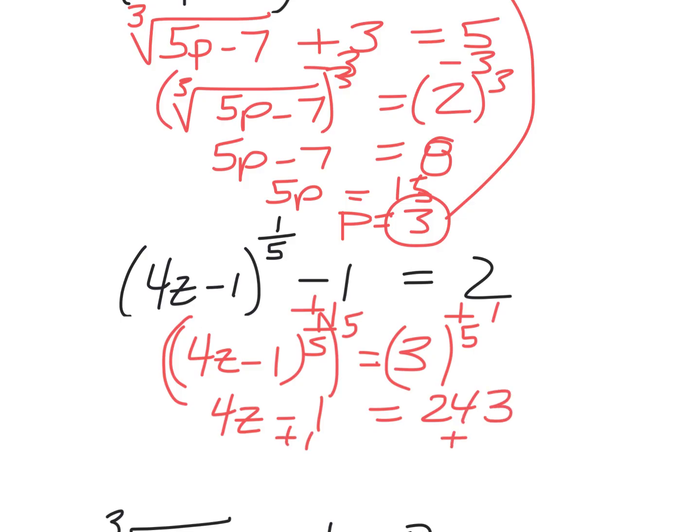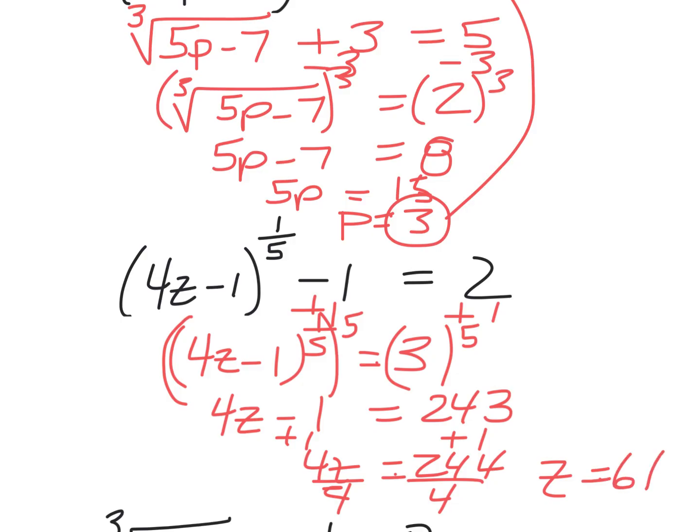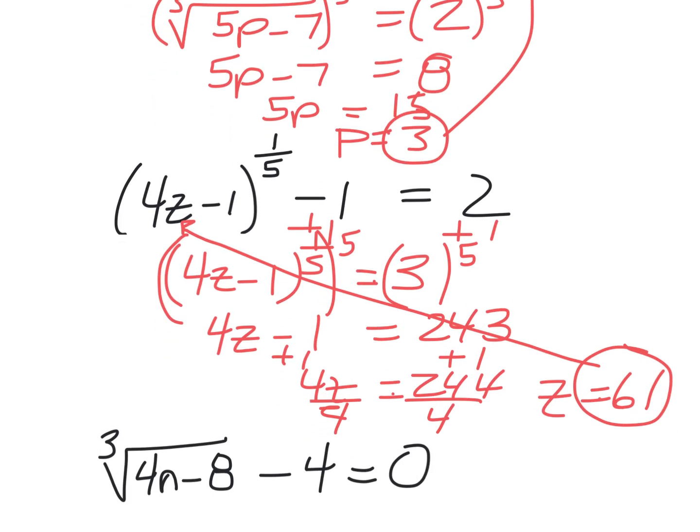I'm going to add 1. Should be 244. And then dividing by the 4 is going to give me z to be 61. Plug that in. We get 244 minus 1 is 243. 5th root of 243 is 3. 3 minus 1 is 2, so that does work.